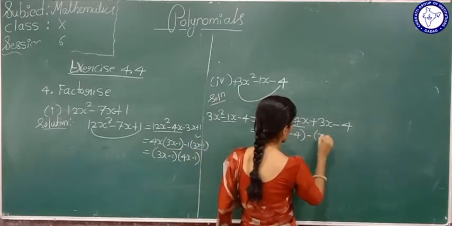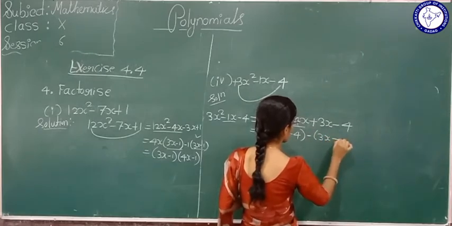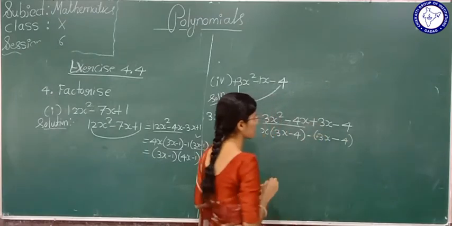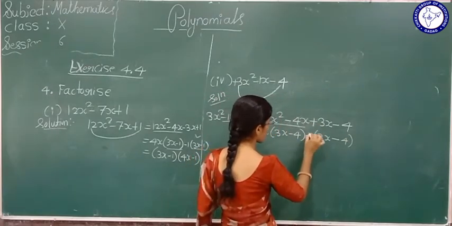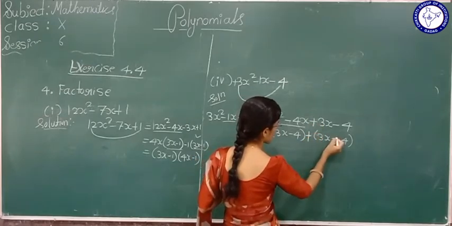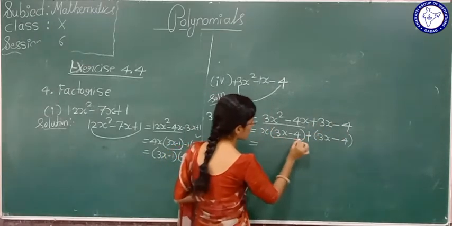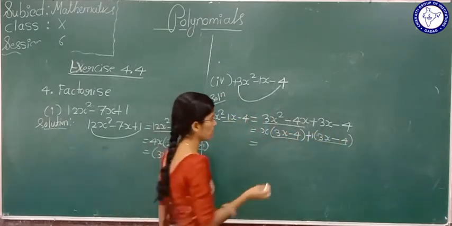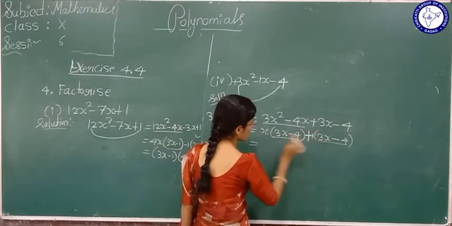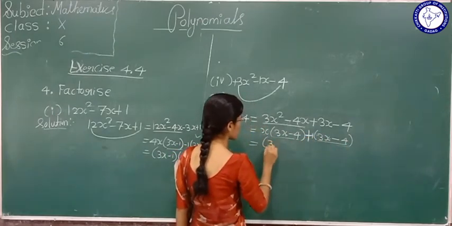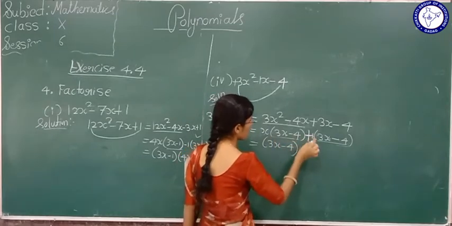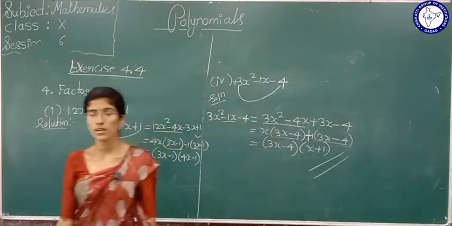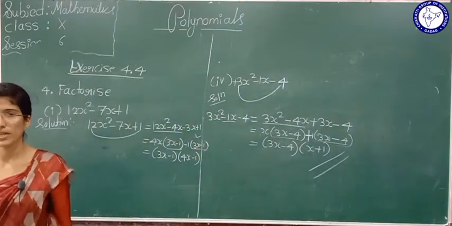No. Now see students, we have to watch the sign. Minus plus, here plus is coming, so we have to adjust the sign here. Plus plus is plus, plus minus is minus. Now this bracket should be the same. If these two brackets are the same, your answer is correct. What is common now? In the full bracket, it is 3x minus 4. What is remaining? X plus 1. Okay, this is about the fourth main.